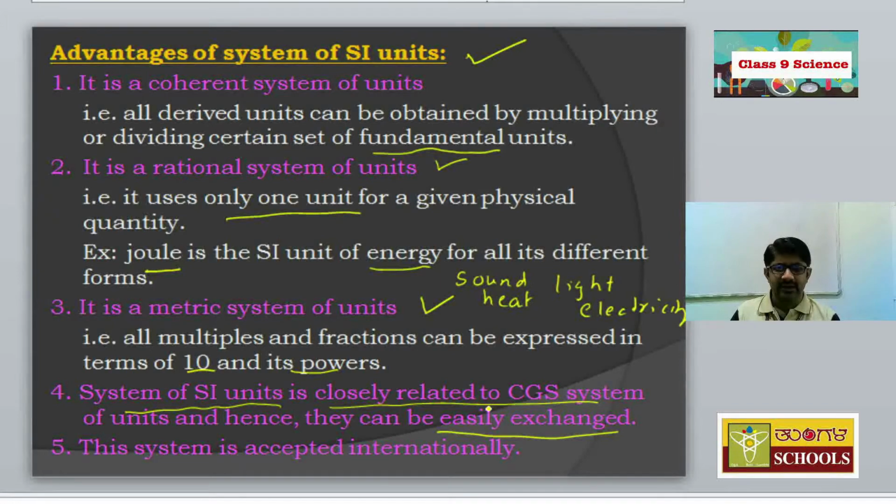You can convert from the international system of units to the CGS system and back, because they are closely related. Now fifth one, this system is accepted internationally, worldwide. So these are all the advantages of the international system of units. I hope you followed all these points.